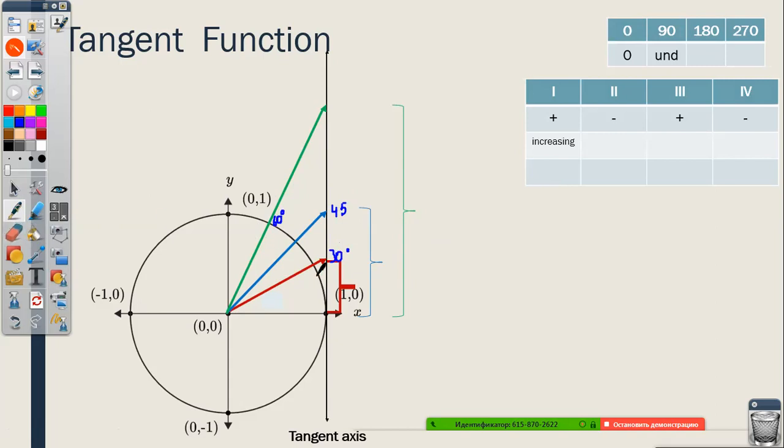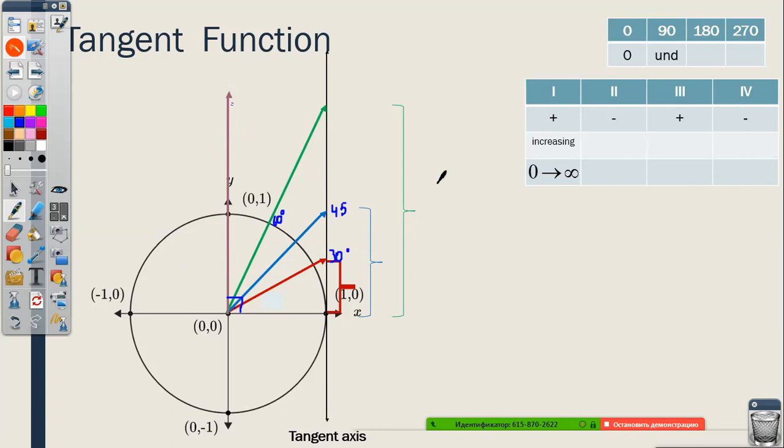We see here that when the angle is increasing, tangent is also increasing. And one more thing: when the angle is 90 degrees, it is parallel to the tangent axis and they will never intersect.